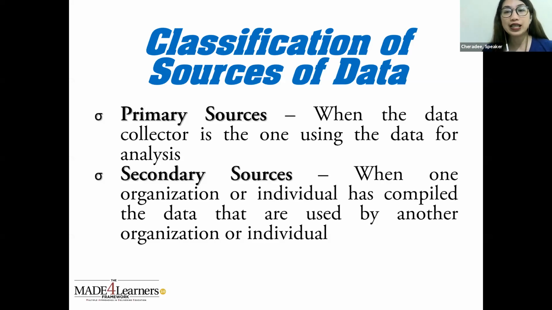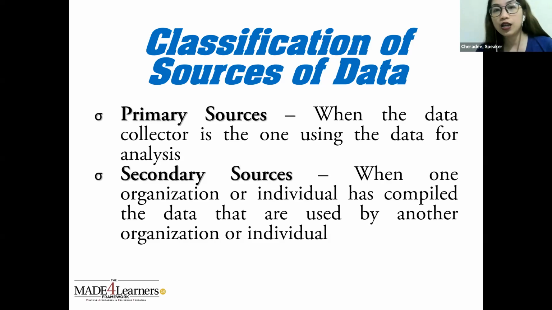So for example, we as IEs in the department are always the ones who do analysis on the different behavior of students and the different offices. It's already a secondary source of data because the offices are the ones who gather the data. But if they do the research and they are the ones who also gather the data, it's a primary source. Okay, so that's the difference between the two.